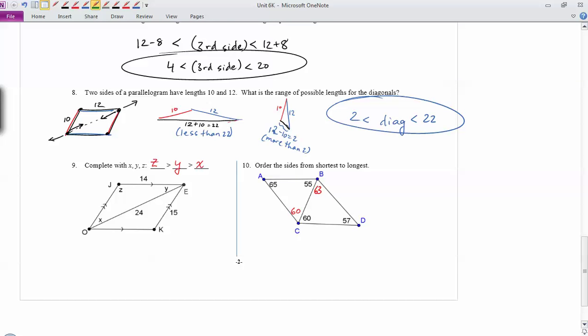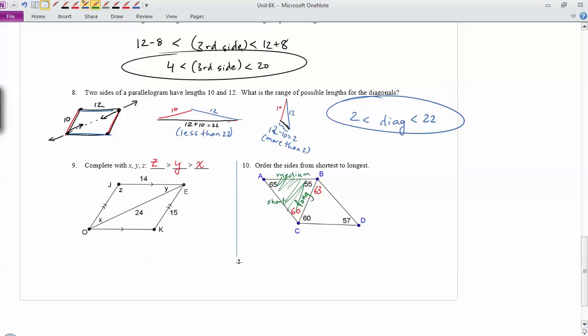Now let's go through the first triangle, ABC. 55 is the smallest angle, so this is going to be the shortest side for ABC. And then the medium side will be up here at AB. And then 65 is the biggest angle, so BC is the long side for this triangle here.